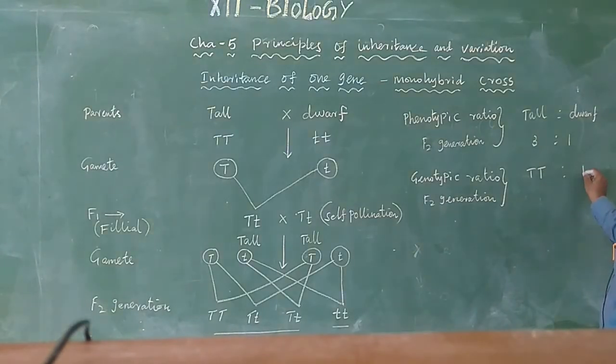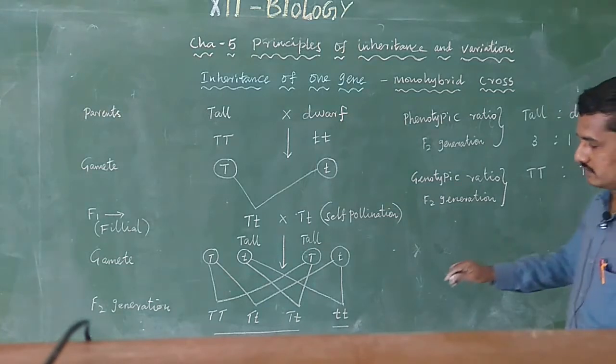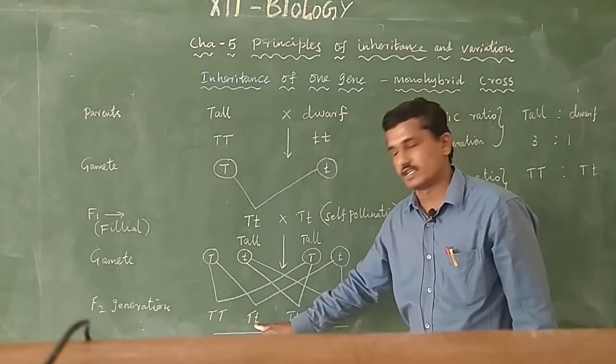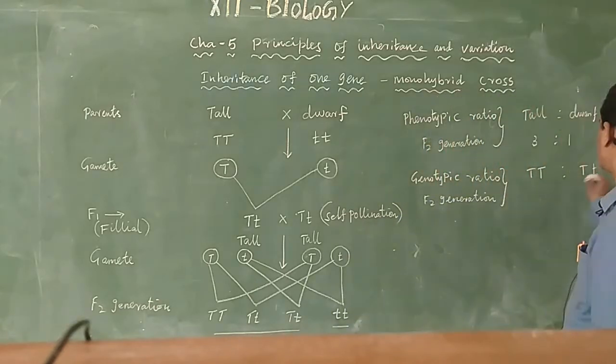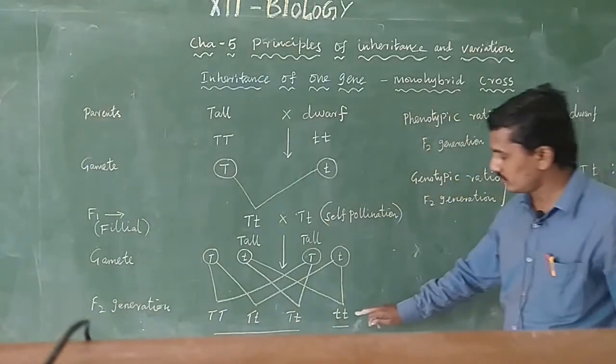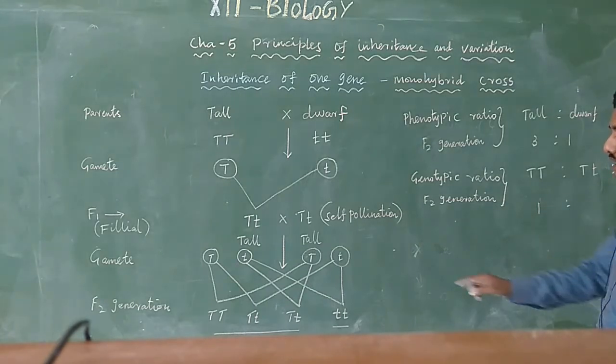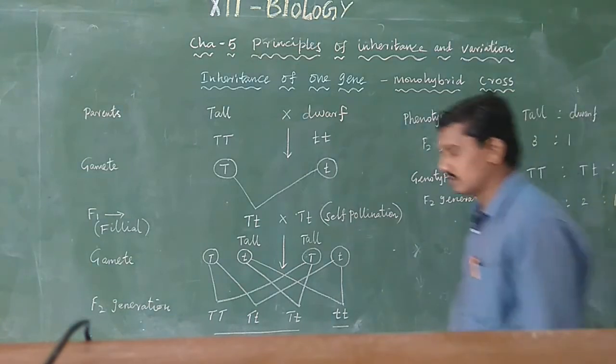The other one is heterozygous tall. Here, this is tall only, but genetically different. So, heterozygous tall. Then the last one is homozygous dwarf, small t small t. So homozygous tall is 1, heterozygous tall is 2, and homozygous dwarf is 1.